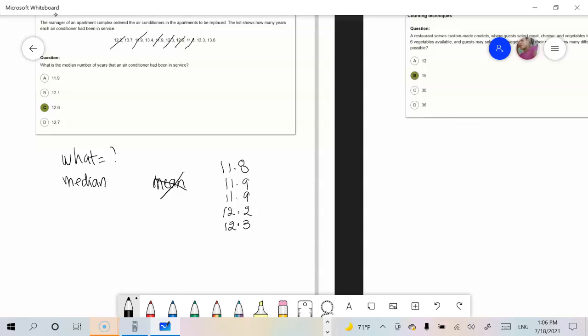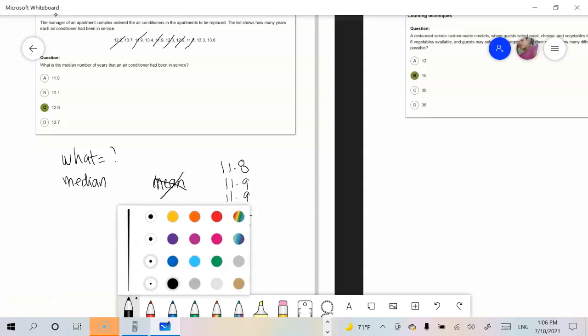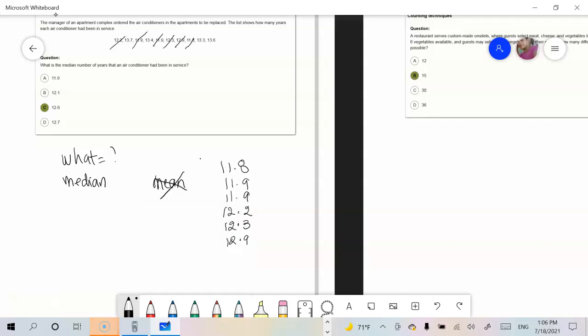12.9, yes. Okay, and did I cross it out? Let me see. I did. Okay, so now I have the 13s, and I'm going to start with this one. 13.3. The next one is 13.4.